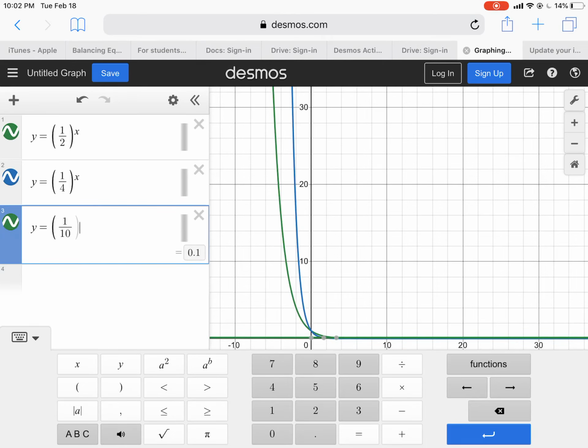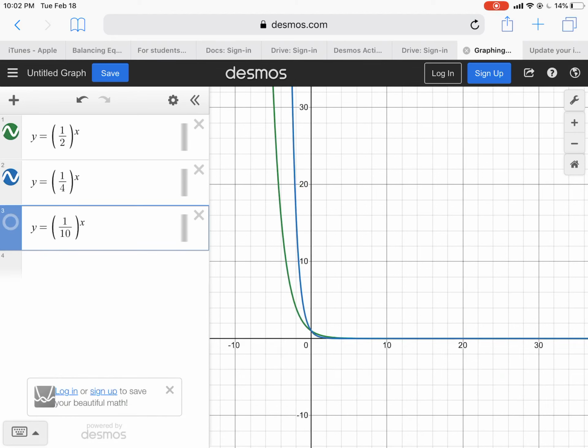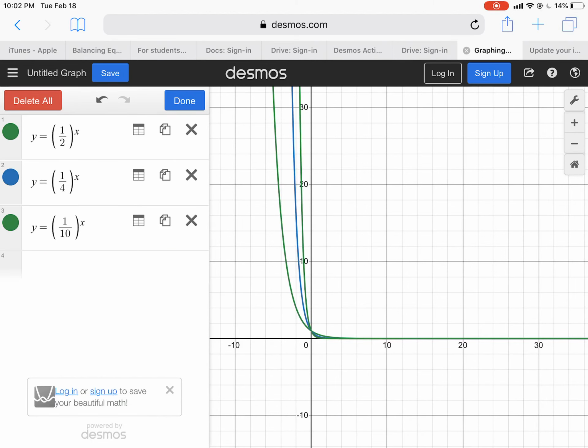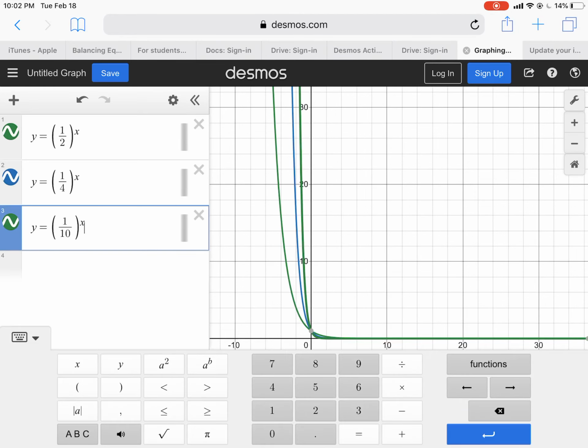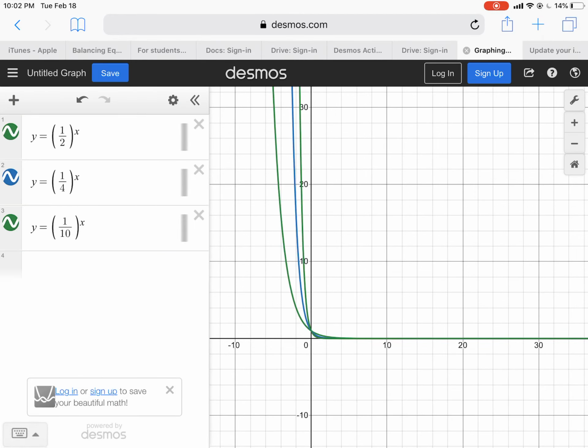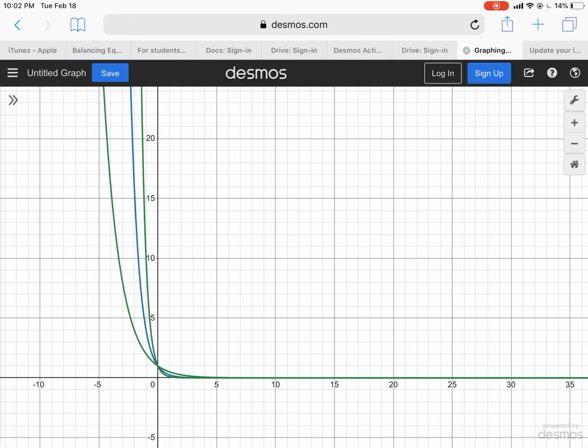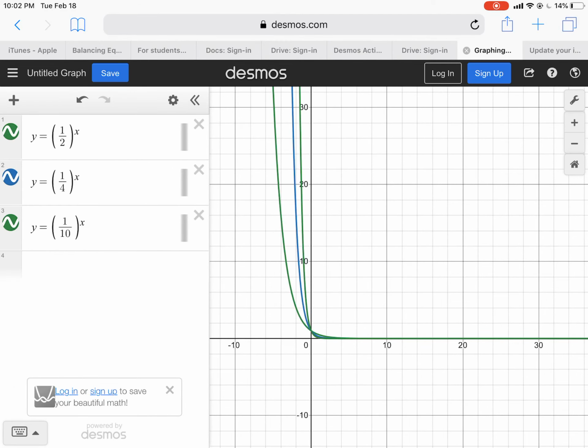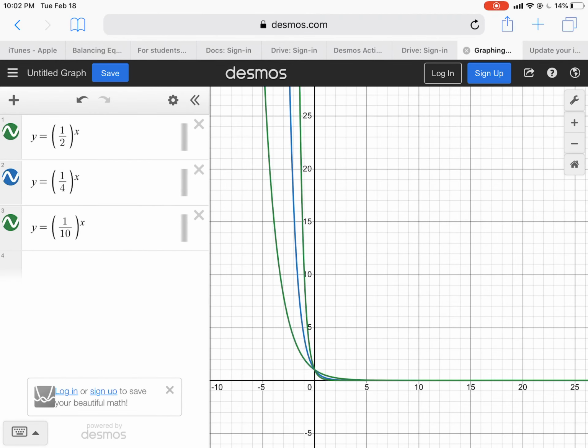So I'm getting smaller and smaller with my b value. Now let's change the color of it. Anyway, it's that inside green one.